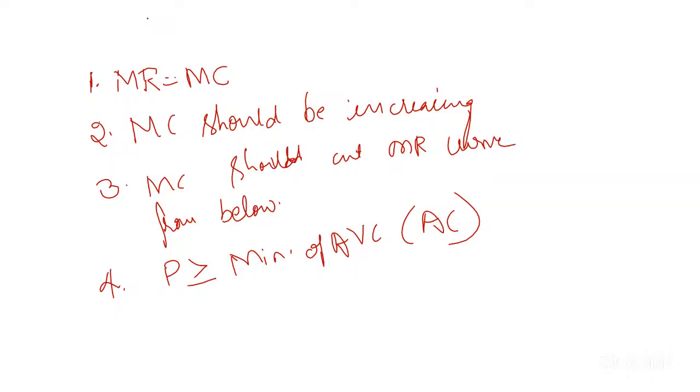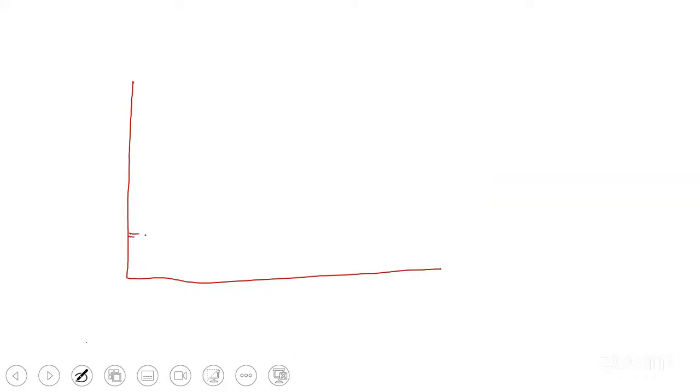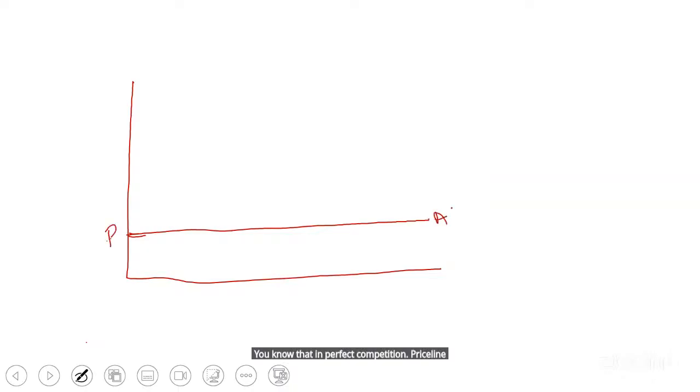Have you taken it down? Yes, ma'am. Now I will draw the diagram. You know that in perfect competition, the price line is equal to AR as well as MR, right?